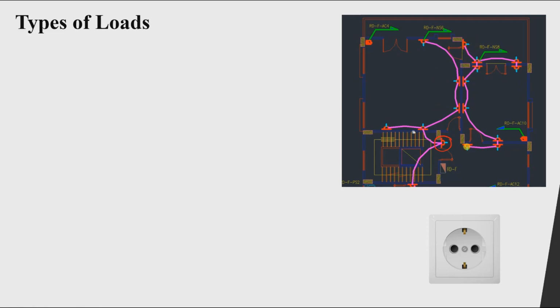Now we have 1, 2, 3, 4, 5, 6, 7, 8, 9, 10. These 10 sockets are connected together. You can see this wiring between them. It means that they are connected together, or taking the electrical power from the same circuit breaker, the same line, same circuit. You remember that our distribution board consists of a group of circuits.